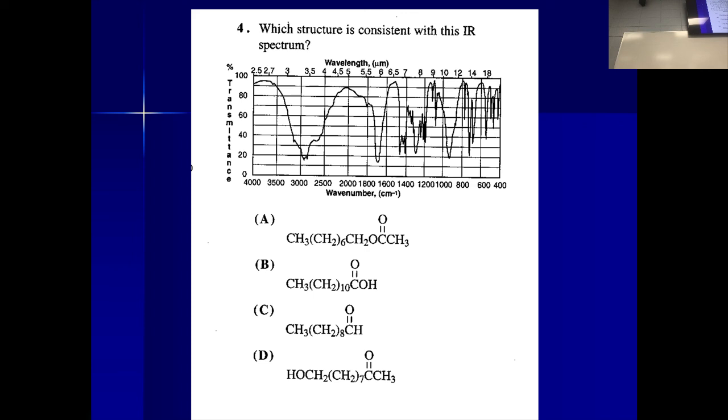We draw another line at 2,000. Is anything there? Yes. Can I eliminate anything based on that observation? No, every one of them has some kind of double bond, right? In this case, they're all C double bond O's. And so I can't eliminate anything based on that, can I?